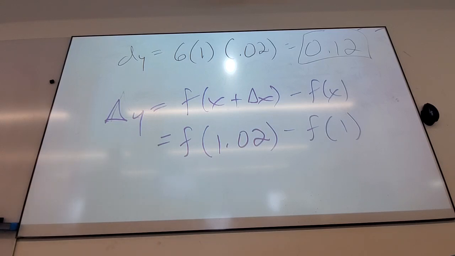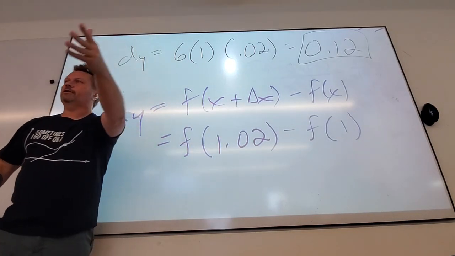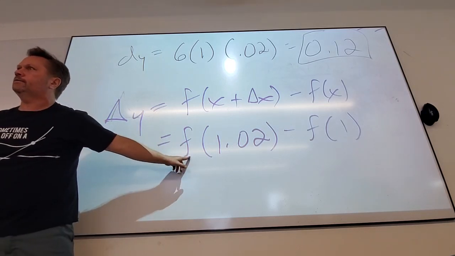If I start at 1 and change by positive 0.02, where do I end up? 1.02, yes? So I'm saying, what's the output at 1.02 minus the output of where I started? That's how much my output has changed.